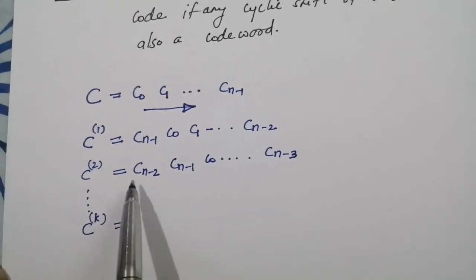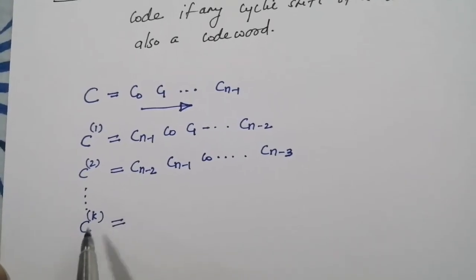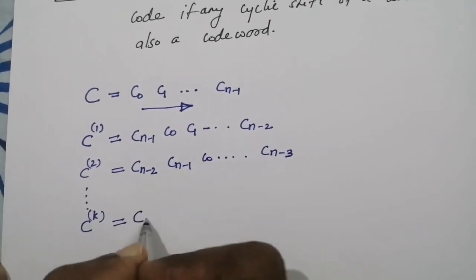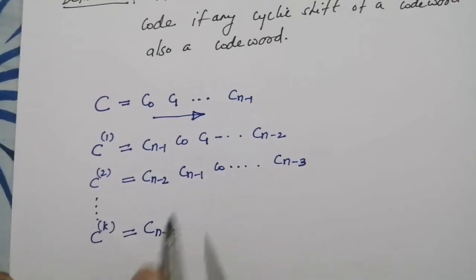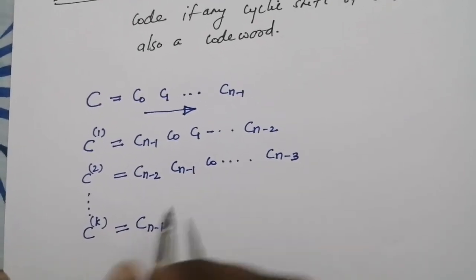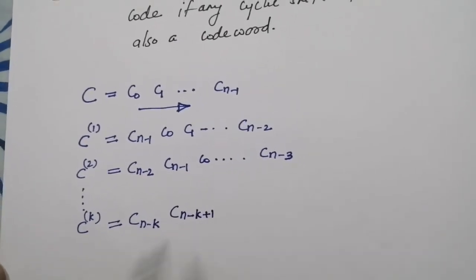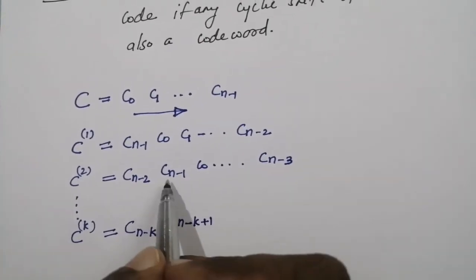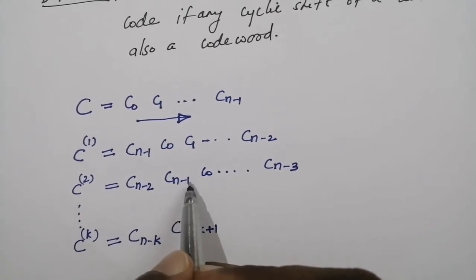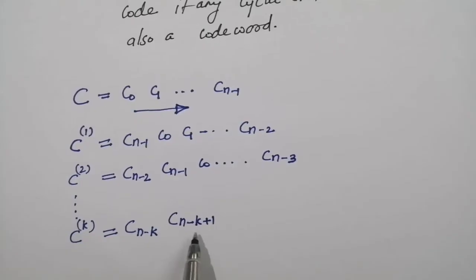For C of 2, the first bit is Cn minus 2, so for C of k, we can write it as Cn minus k. The next bit is Cn minus k plus 1. For k equal to 2, this is Cn minus 2 plus 1, that is Cn minus 1.